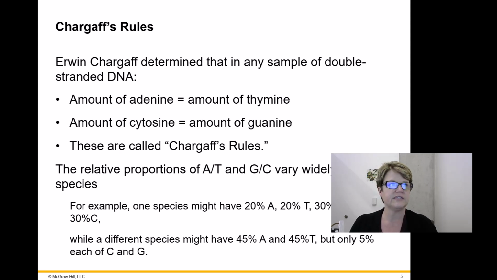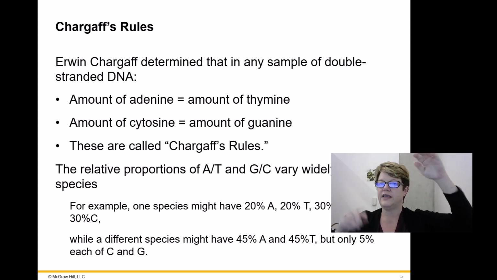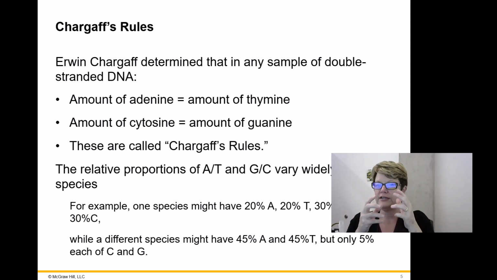And so one of the scientists named Chargaff did a series of experiments. He collected as much DNA as he could from all kinds of different specimens. And he broke all of those chains of DNA down into the individual nucleotides. And then he was able to separate the different nucleotides apart from each other and figure out how much of each nucleotide made up that original sample.